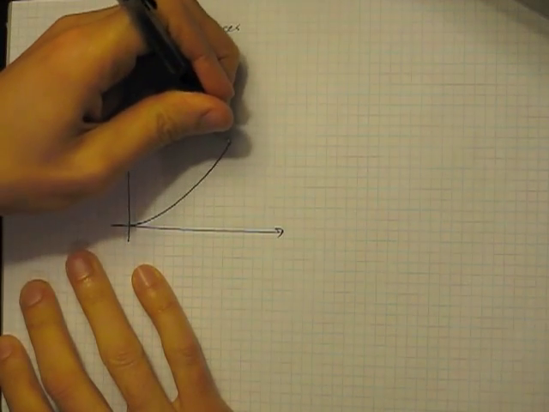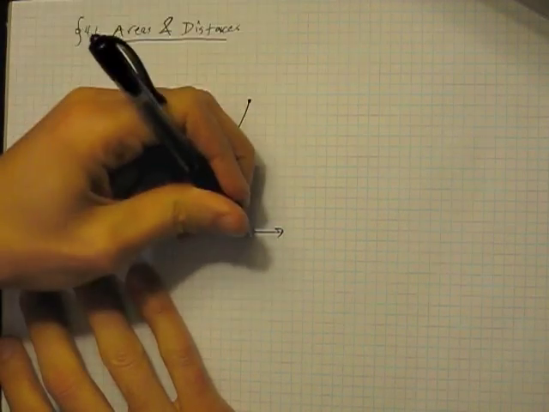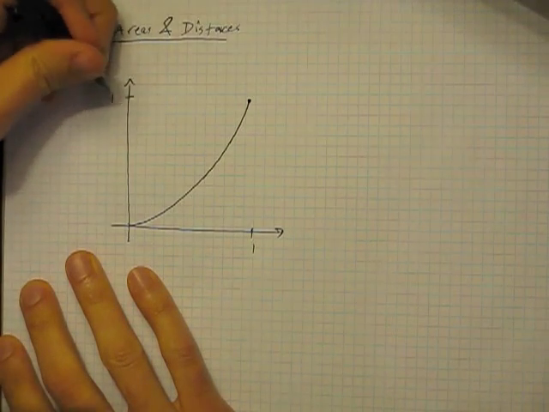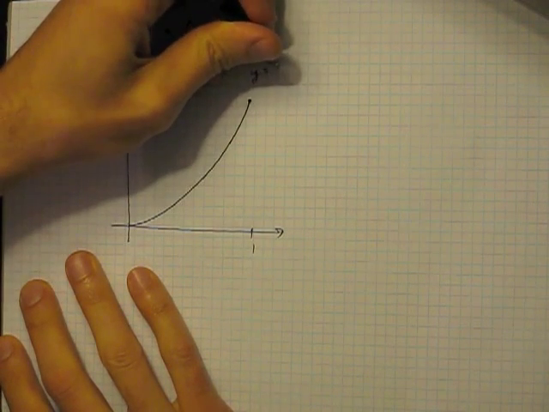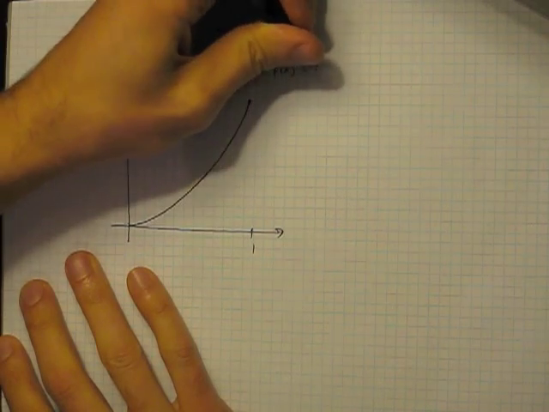So here's a portion of the graph. This is going to be y equals f of x, and the function is x squared.